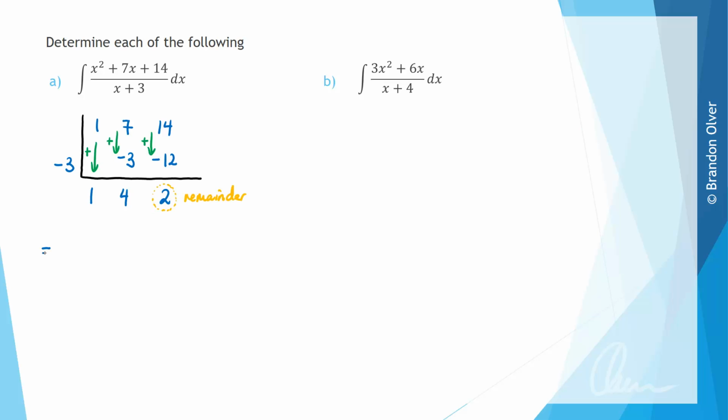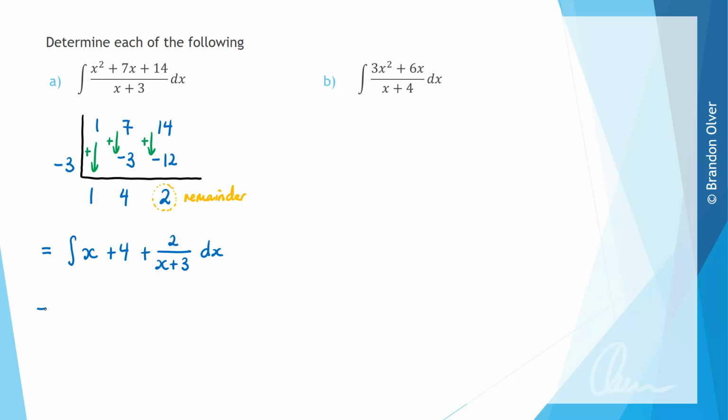So therefore our original integral can be written as, this 1 here becomes the coefficient of just x, so we're going to have x plus 4, so this term becomes the constant, and then we have the remainder 2 still divided by x plus 3, and that's going to be integrated with respect to x.